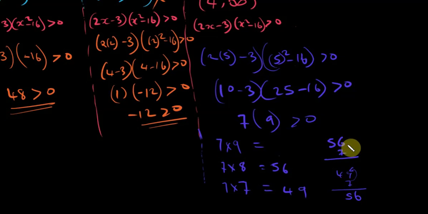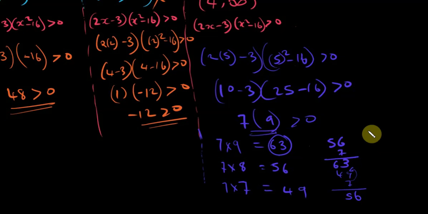Okay, 7 plus 6 is 13, carry 1, 63. So that's 63. Excuse me. So 7 times 9 is equivalent to 63. Cool. I hope you tried that out and got the same answer.